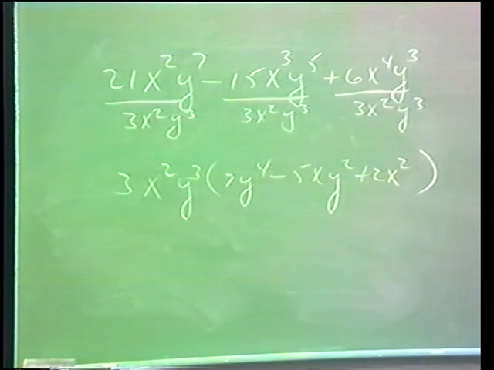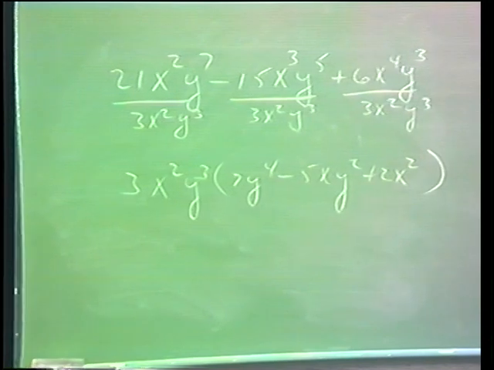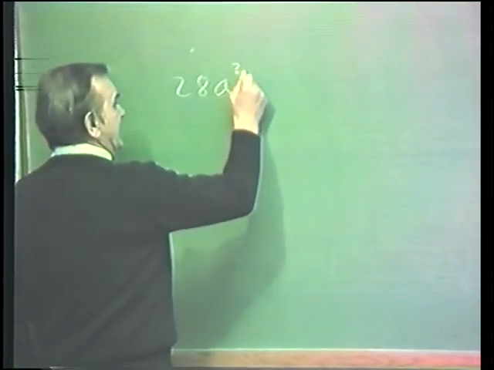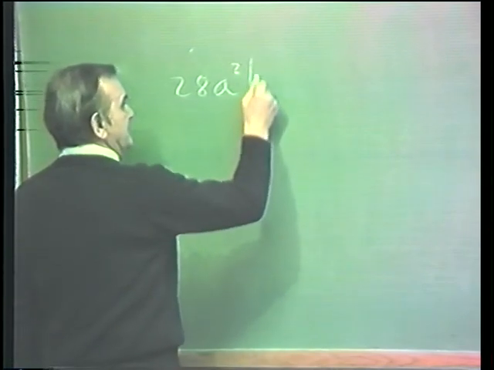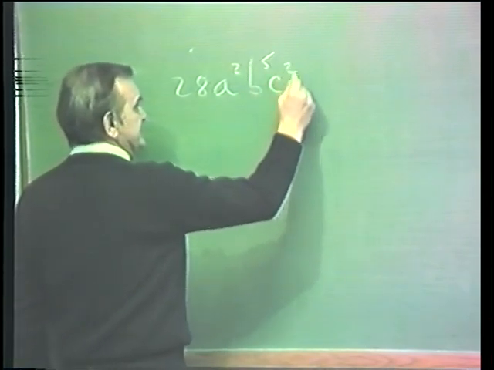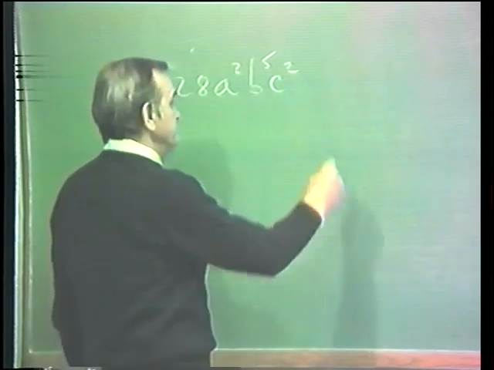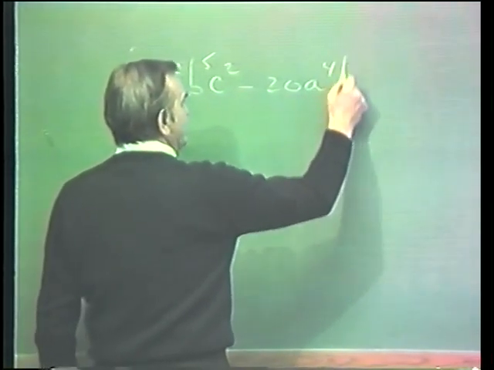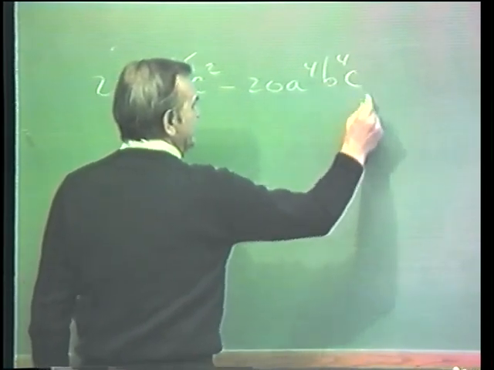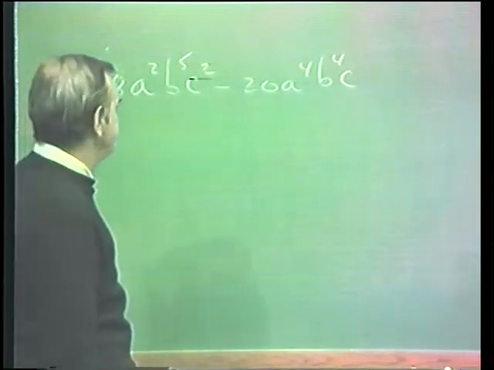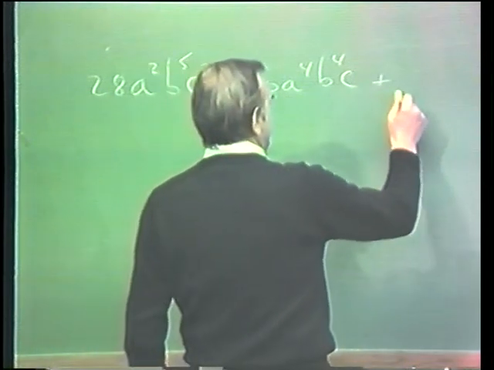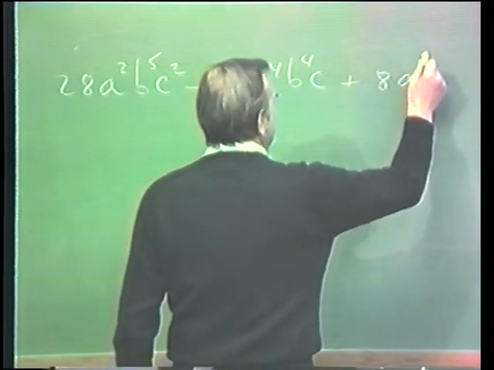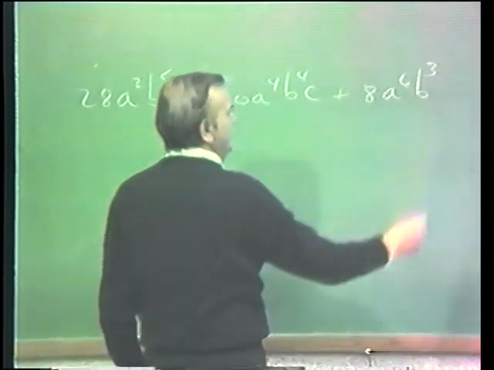Okay? Let's try this one. Let's suppose we have 28 a squared b to the fifth c squared minus 20 a to the fourth b to the fourth c plus 8 a to the sixth b to the third.